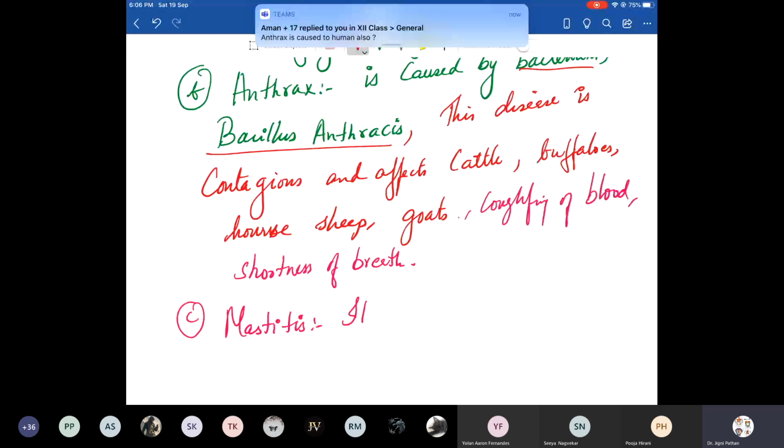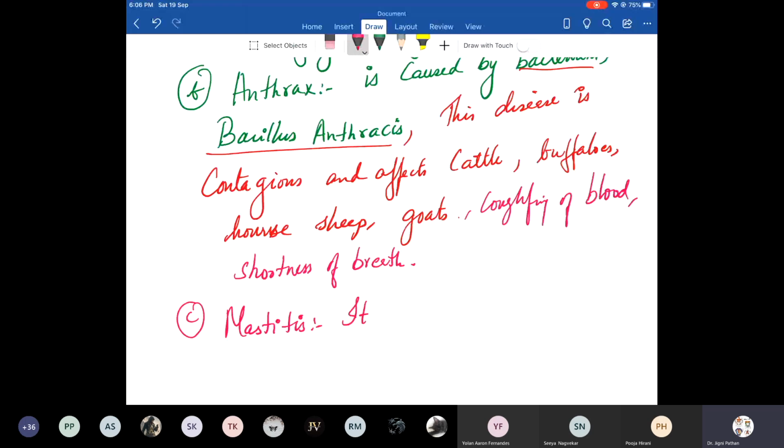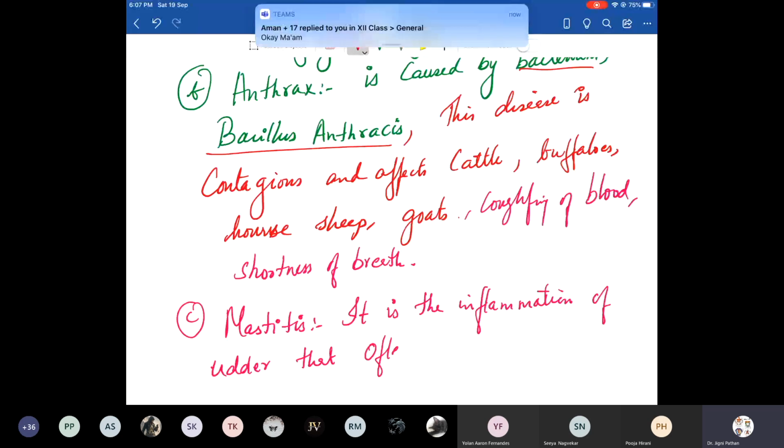It is the inflammation of the udder that often occurs in dry cow due to infections of bacteria. What is udder?